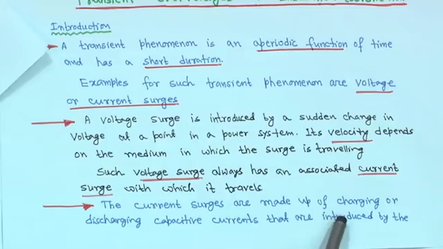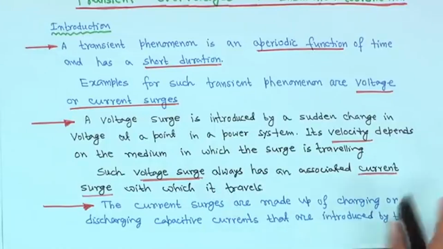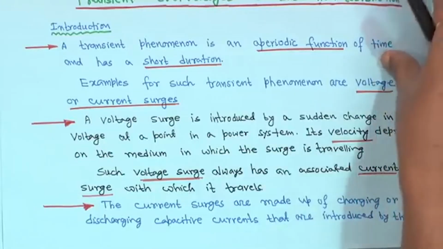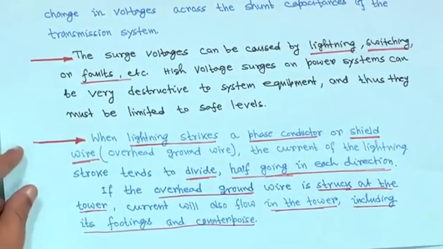That is why current surges are made up of charging or discharging capacitive currents introduced by the change in voltages across the shunt capacitance of the transmission system.